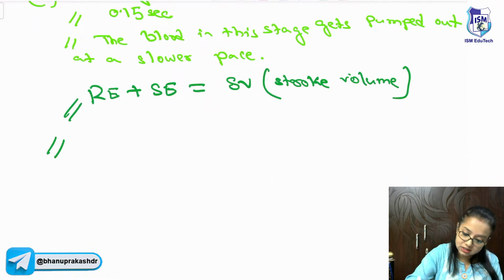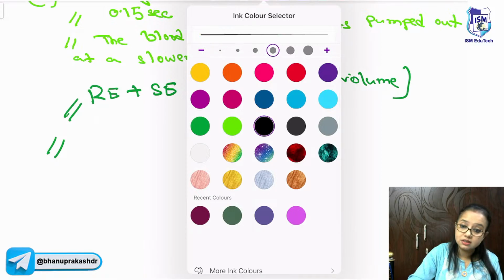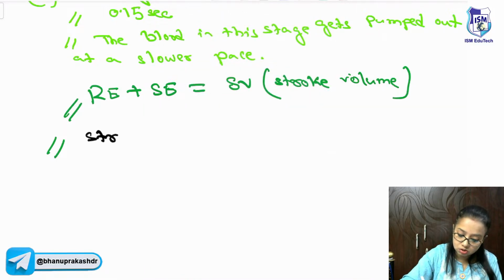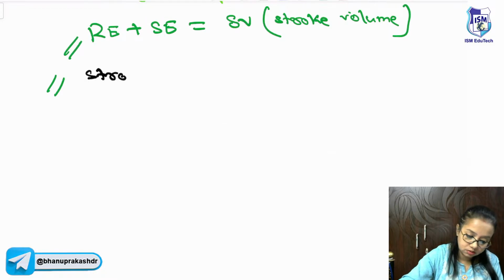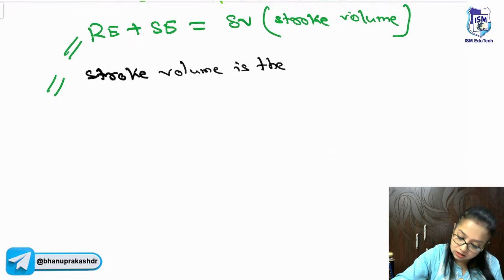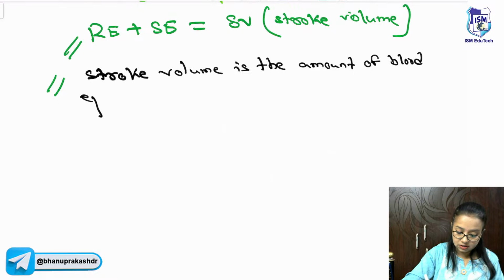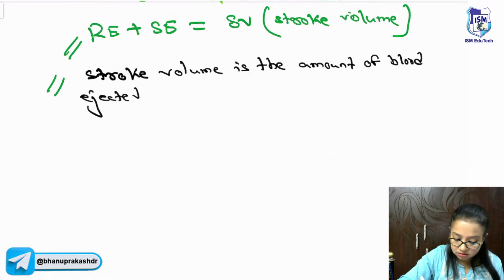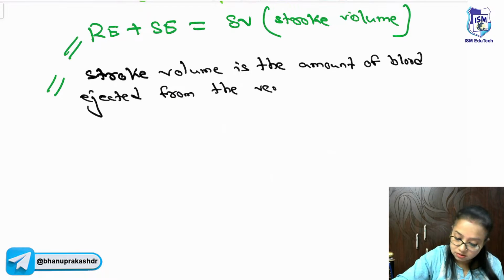So we can say stroke volume is the amount of blood ejected from the ventricles per beat.